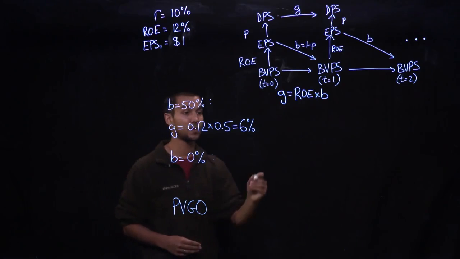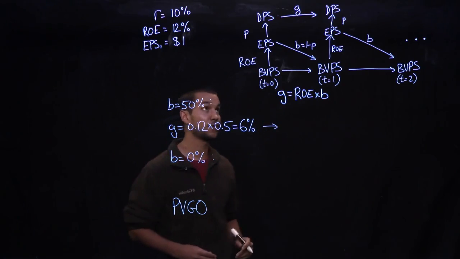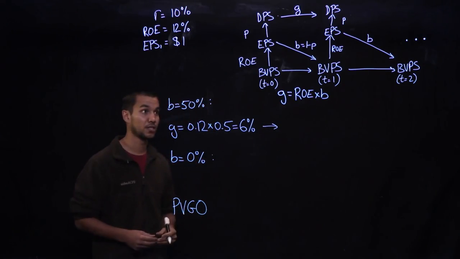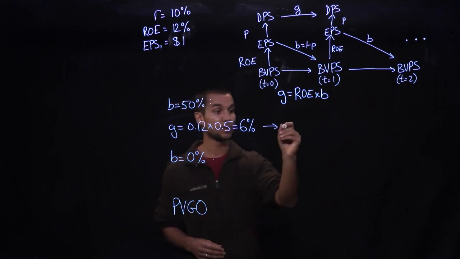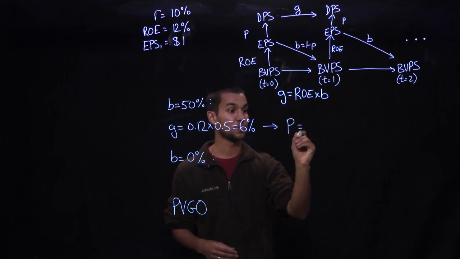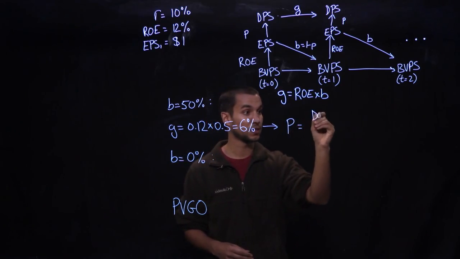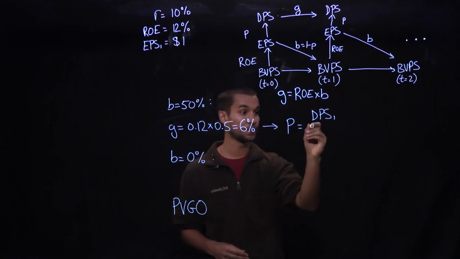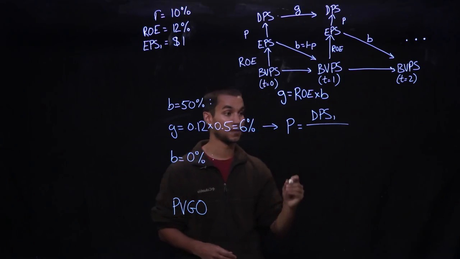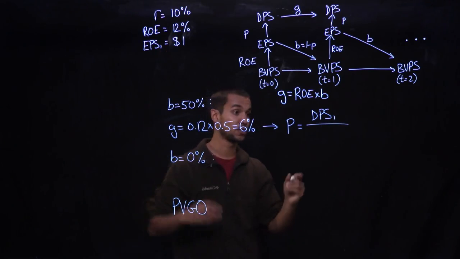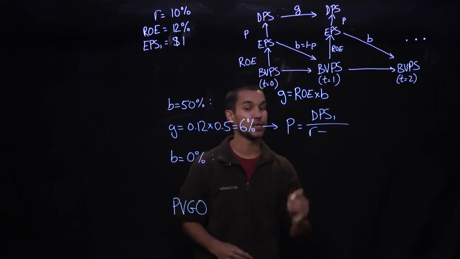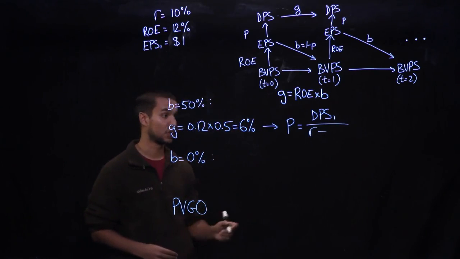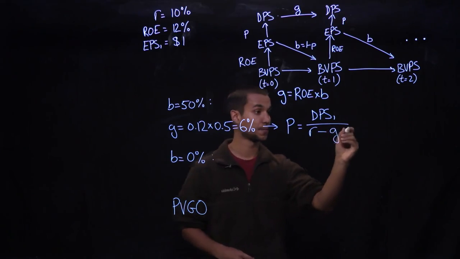And so now we can apply our growing perpetuity formula to estimate the share price of this company. So the price of this company, P, is going to be equal to the dividends per share paid out in time period 1 divided by the cost of capital, R, which is 10%, minus this growth rate, 6%, G.